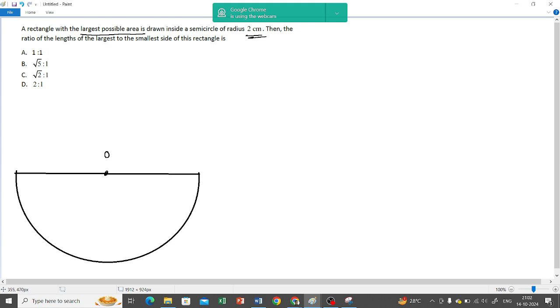Okay, this is the center. Now this is going to be the rectangle. Okay, this is 2 centimeter, right? This is also 2 centimeter.